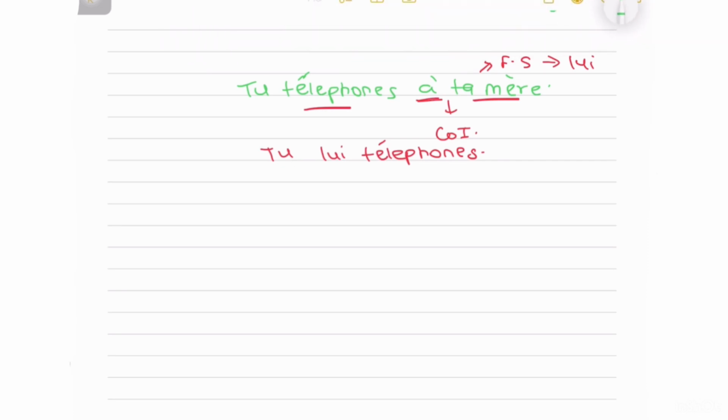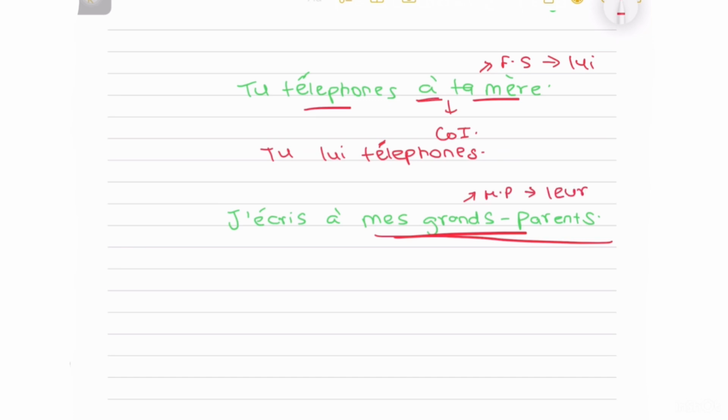Same way for a plural sentence, I'll take j'écris à mes grands-parents. That is, I write to my grandparents. So I can ask the question, to whom do I write? À qui? So here, this is what I'm replacing. It is plural, masculin pluriel. So I get leur.